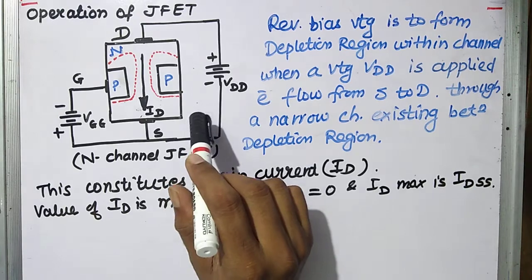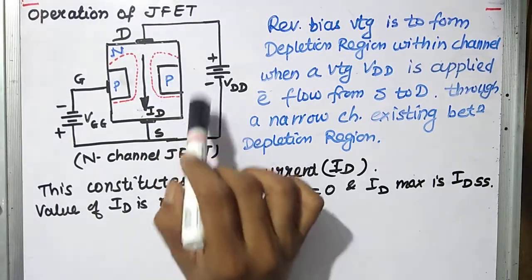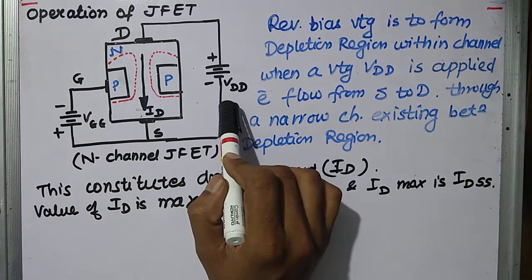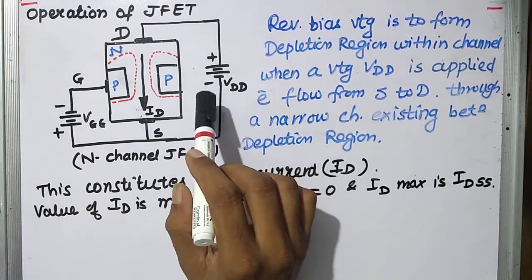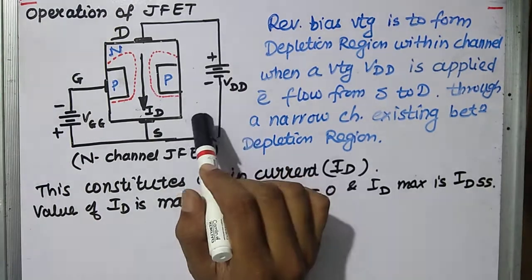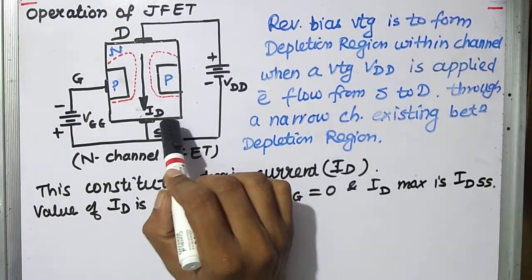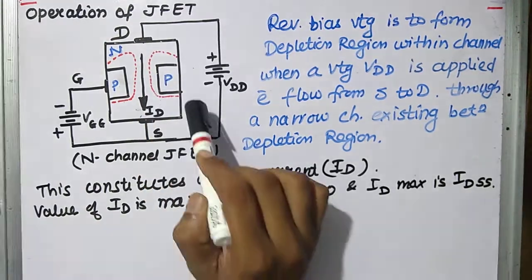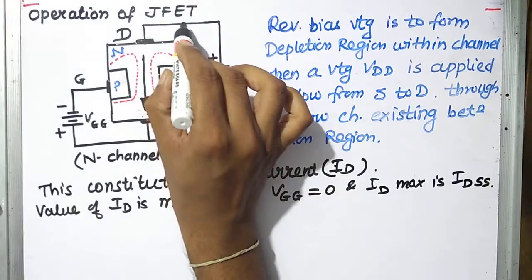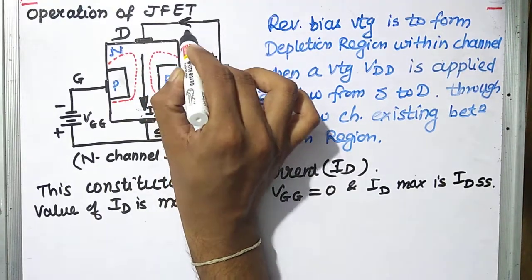So when a voltage is applied between drain to source terminal, that is VDD, the electrons will flow from source to drain, but the conventional current will be from drain to source, as we will draw here.